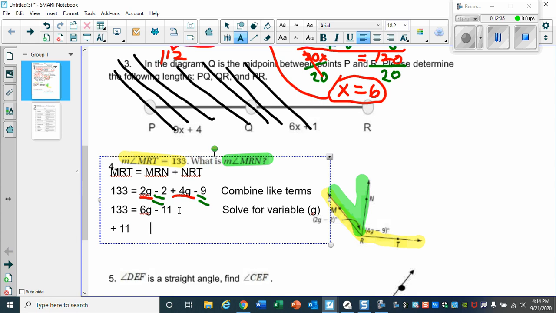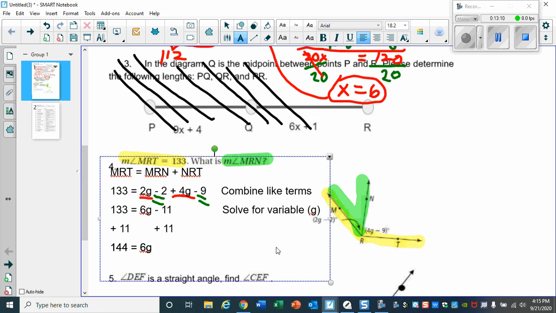And especially when we're bringing terms to the other side, I try to group them exactly underneath the like term. So since 133 and the positive 11 are both constant numbers, we will write plus 11 under both the negative 11 and the 133 on the left side of the equal sign. So now when we do that, 133 plus 11, 144 equals 6 times G.